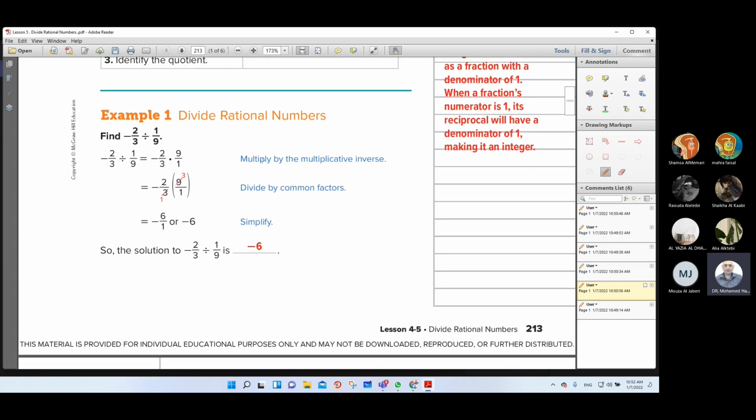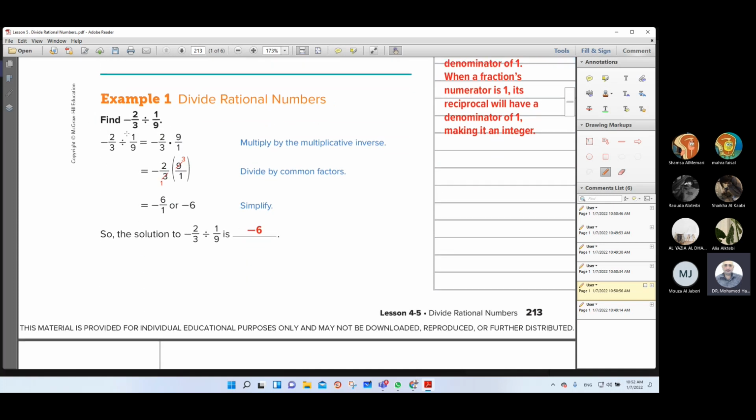For example, divide rational numbers. Find negative 2 over 3 divided by 1 over 9. Use the rule: keep the first number, negative 2 over 3, change the divide to multiply, then find the reciprocal of 1 over 9, which is 9 over 1.